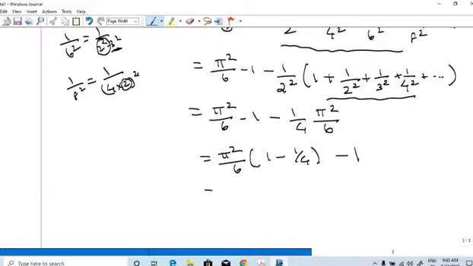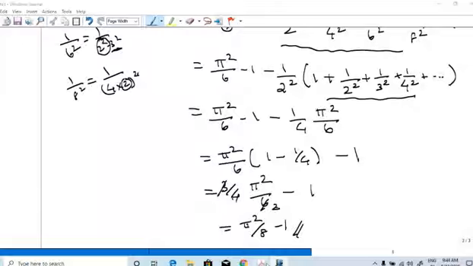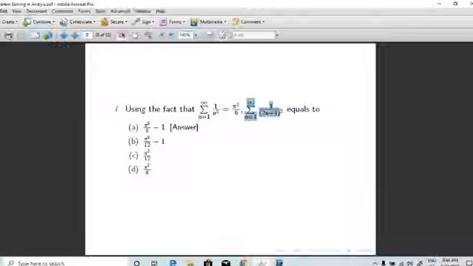Therefore 3 by 4 times pi square by 6. Now you can cancel this 3 and this 6 to 2. 2 into 4 is 8. Therefore pi square by 8 minus 1. So this is the answer. The value of the summation is pi square by 8 minus 1. Very simple things.